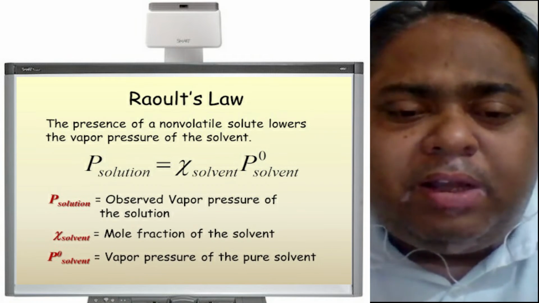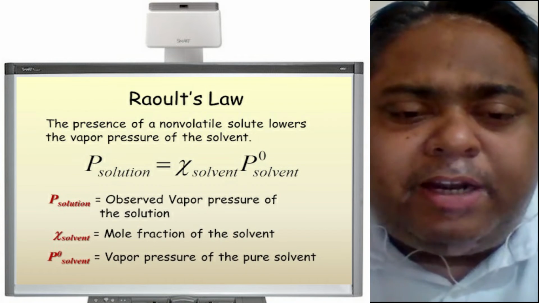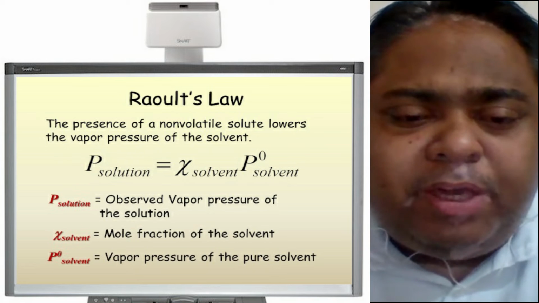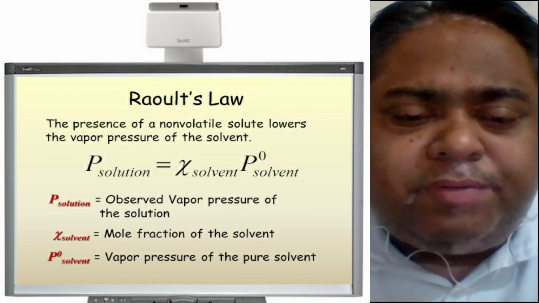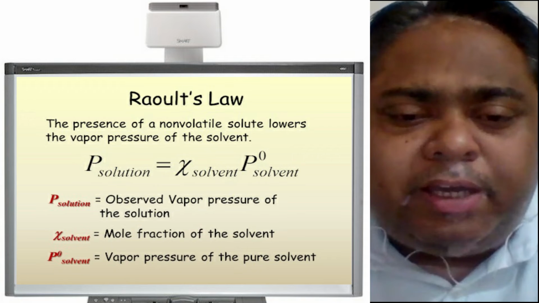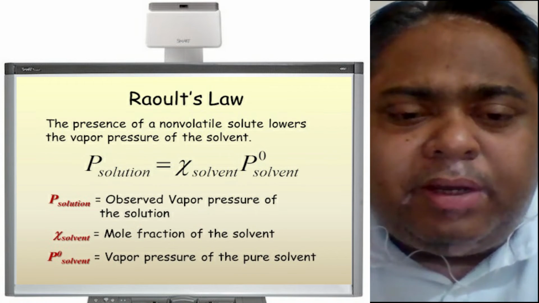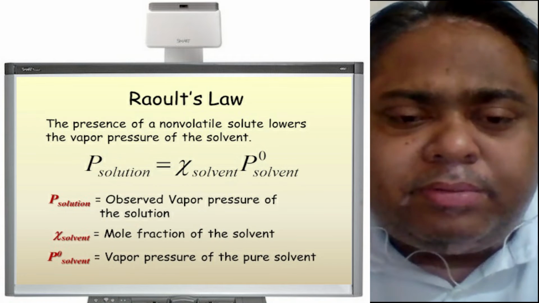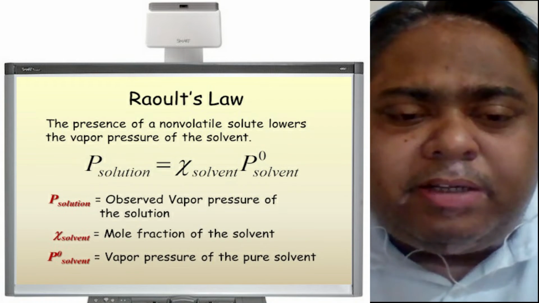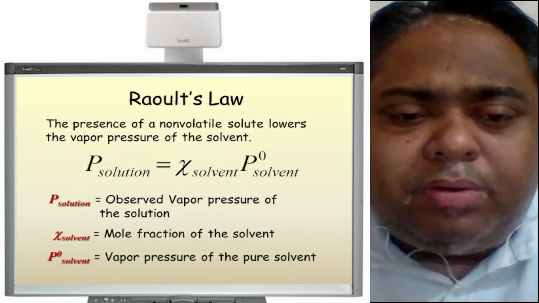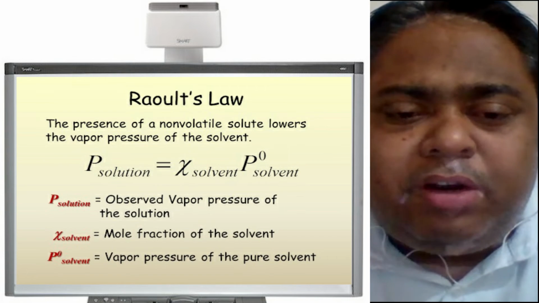In that case, we call that pressure the pressure in its pure form, and we denote it by a naught sign over P. So P, that means partial pressure, will be equal to P naught into chi. This expression is also called Raoult's law, and it is just like Henry's law. In Henry's law, the partial pressure of the gas was talked about, and in Raoult's law, the pressure of the volatile liquid dissolved in a solvent is talked about.